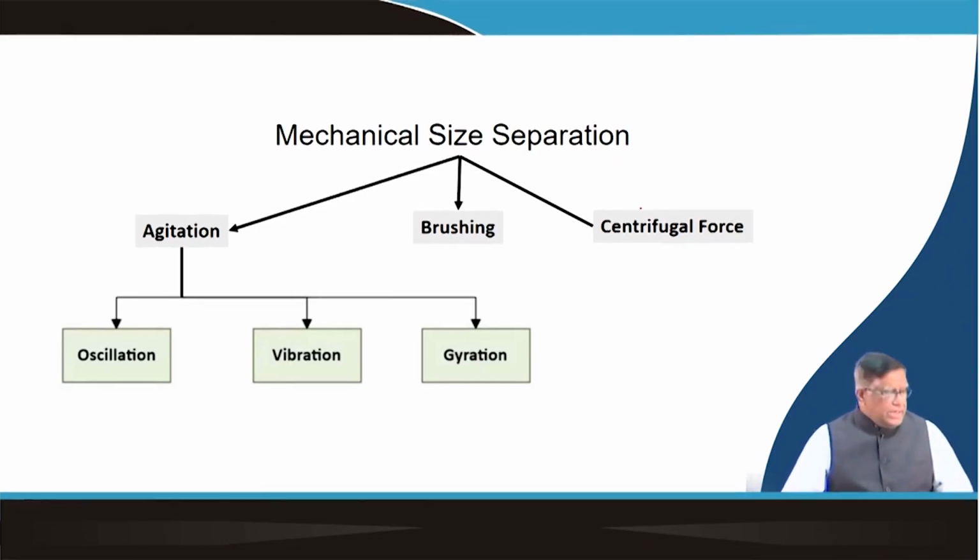Now, this is how you can do these separations: by agitation, brushing and centrifugal force for the finer particles. Vibration or agitation for screening can be given by oscillation, vibration or gyration. For sieve analysis also you will have to have this system.